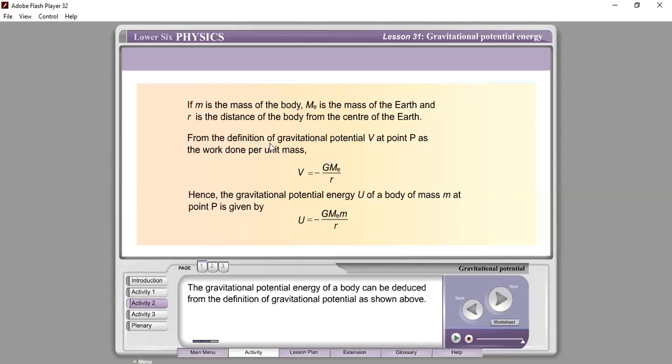Gravitational potential is the work done to bring 1 kg of the object from infinity to a point. This one is the work done to bring any object with mass m, which means the mass is not equal to 1 kg.